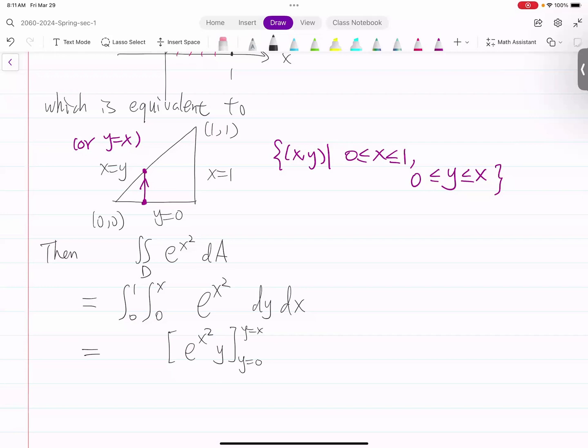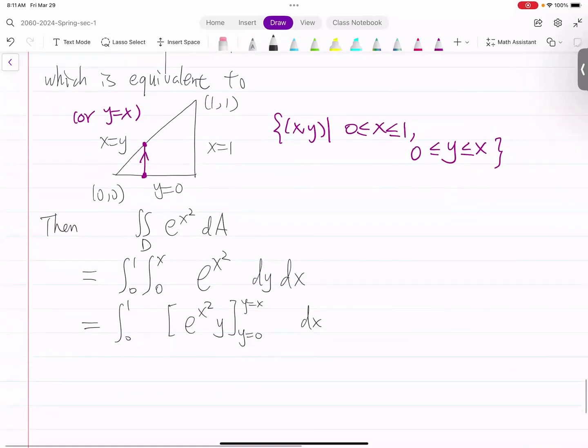Okay, so these are the bounds. So it's good. Okay, so now we just copy the outside integral, and we evaluate. Of course, when y equals x, you just substitute x in the place of y, right? But when y is 0, it gives you nothing.